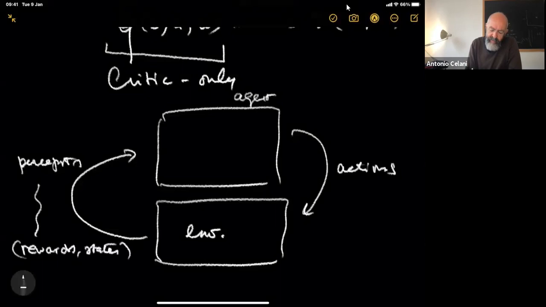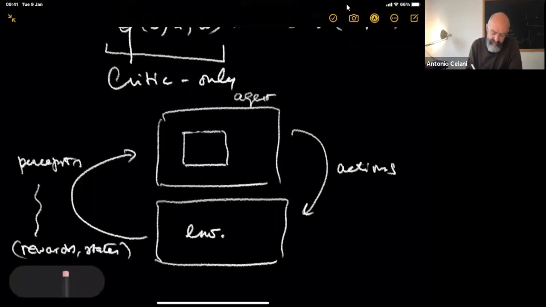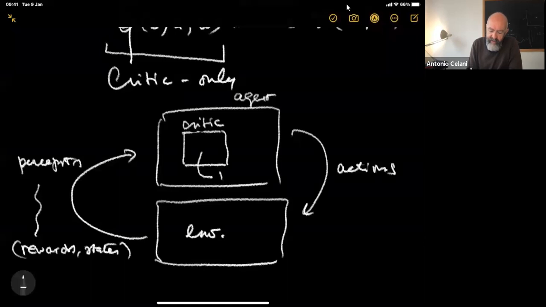Starting from these percepts, inside the agent there is a part of the brain, so to speak, which is called the critic, which receives this information, constructs the temporal difference error, and feeds it into itself.